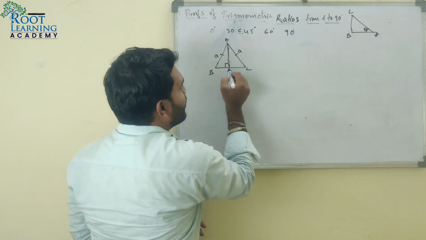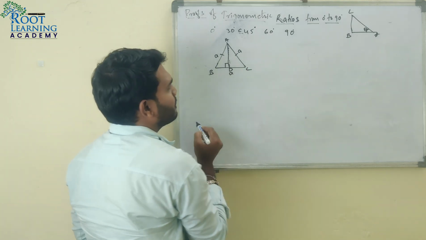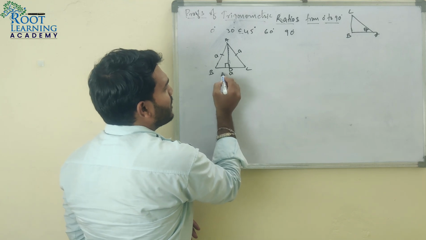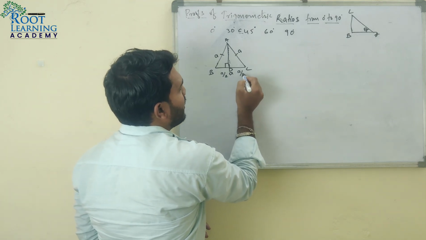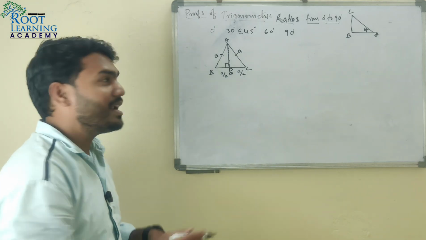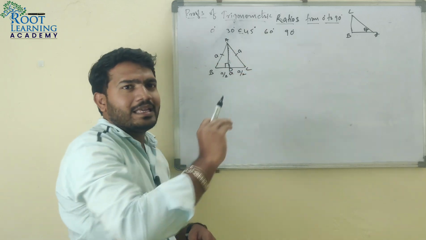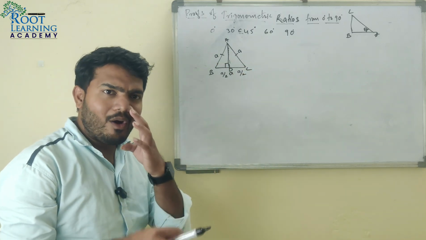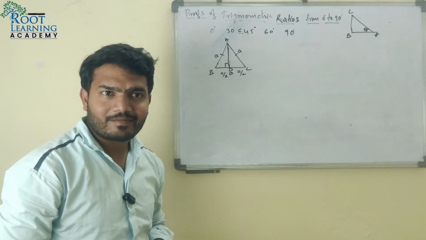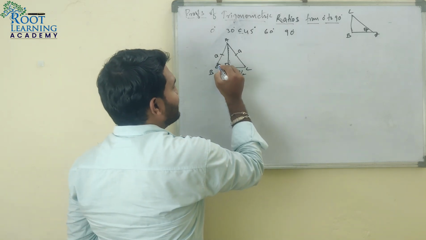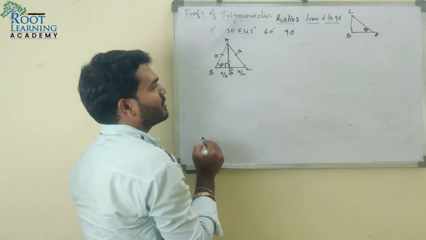So BC is equal to A. Let's say this point is D. So this BD is equal to what? A by 2 and A by 2. And already we know that an equilateral triangle has all its angles 60 degrees. In that case, this angle is 60 degrees.